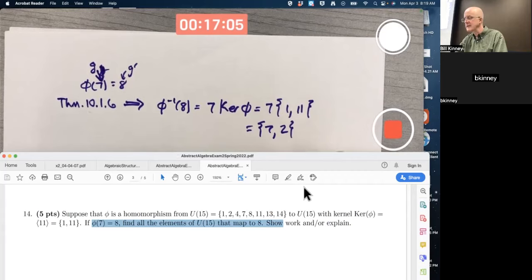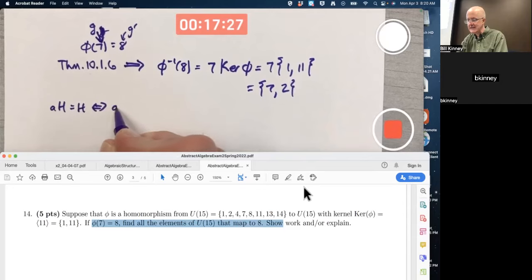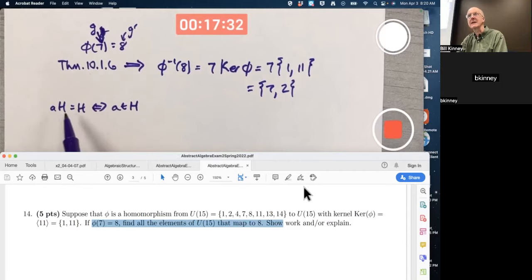Okay. Notice this is not a subgroup. Doesn't contain 1 for one thing. It's not a subgroup of U15. Cosets in general are not subgroups. They're only subgroups when they equal the original subgroup. aH equals H if and only if a is in H. So the coset is only going to be equal to H and only going to be a subgroup, in fact, if the representative is already in H. Otherwise, it's not going to be a subgroup.